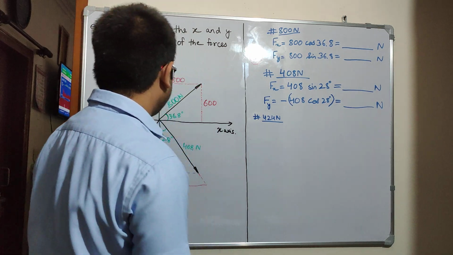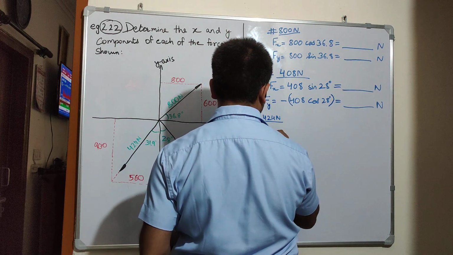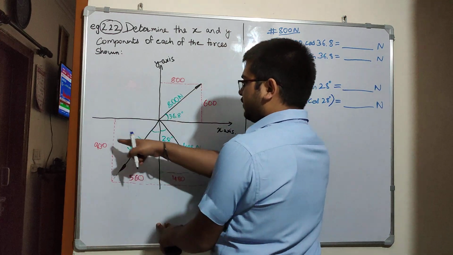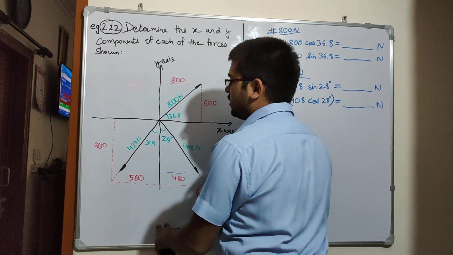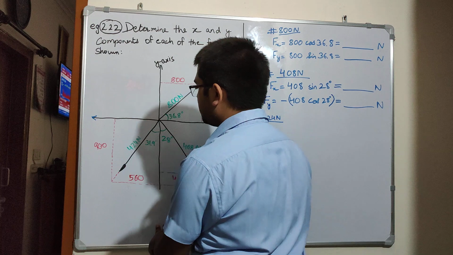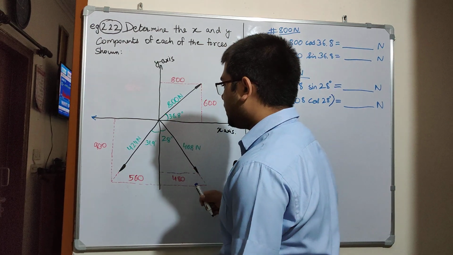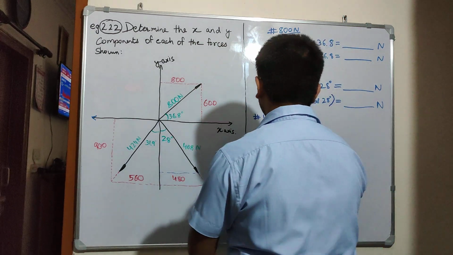Now for Fx, it is in the negative direction, in the negative x-axis. So that will be given as negative 424 sine 31.9 degrees.